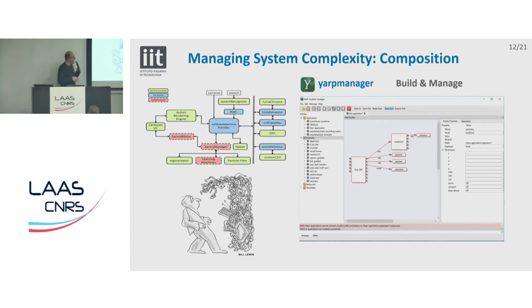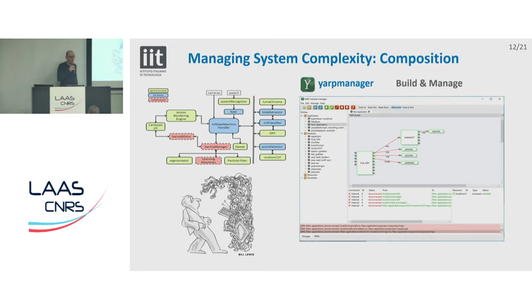It's not just for building the architecture, it's also for deploying your structure at runtime, so you can deploy your schema in a distributed system, and you can see live on the fly what's going on: the connections, whether the module is running okay or not, and you can query the system. This is a part that is completely missing, at least as far as I know, in ROS.